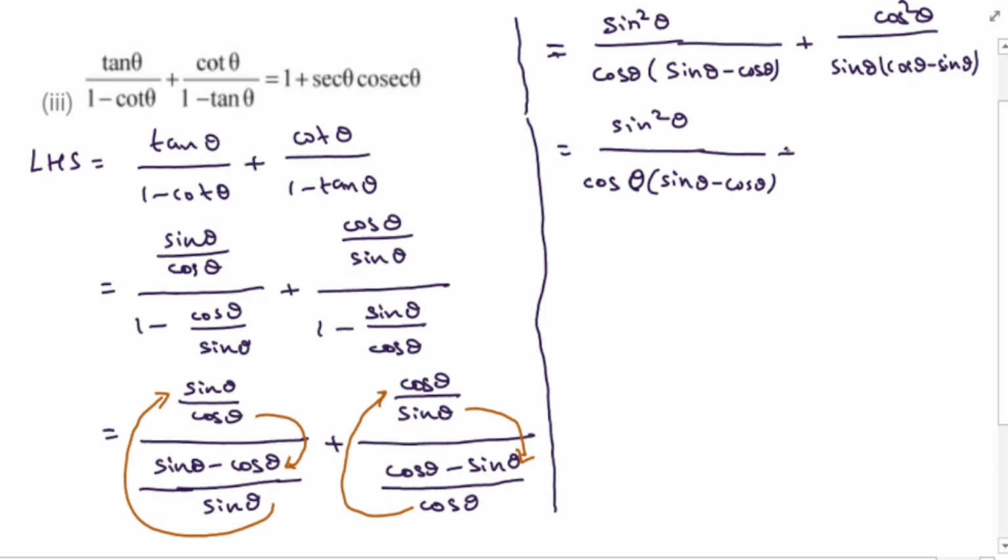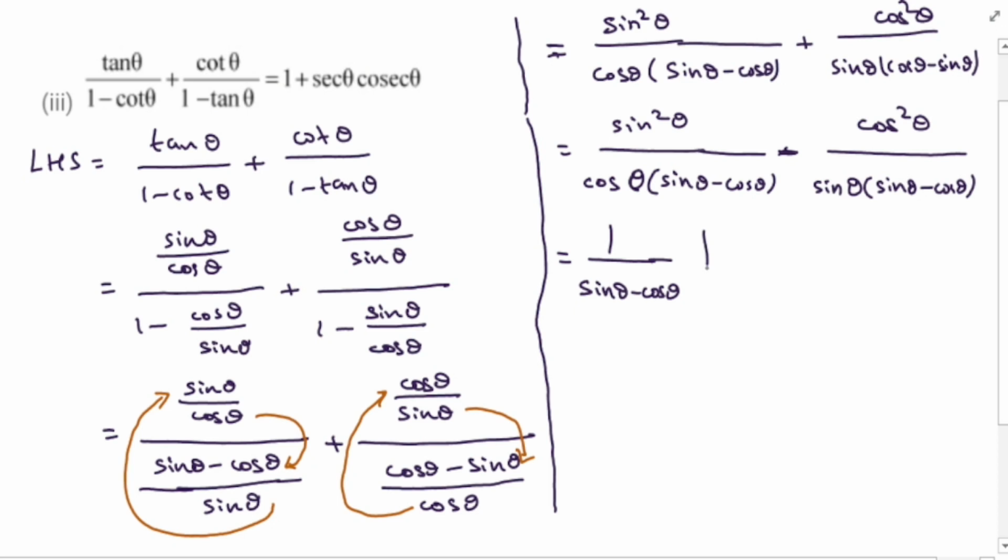From this bracket, if we take the negative sign common, this will become minus cos square theta divided by sin theta into sin theta minus cos theta, because minus into plus will become minus, minus into minus will become plus. From these two we have sin theta minus cos theta common, so we will get sin square theta divided by cos theta minus cos square theta divided by sin theta.